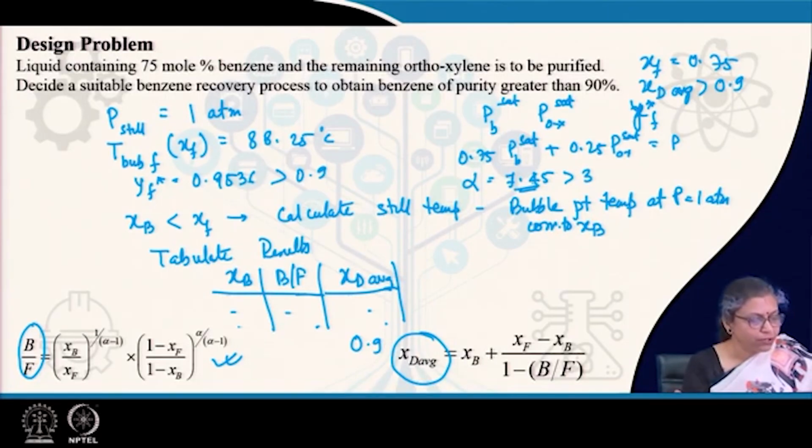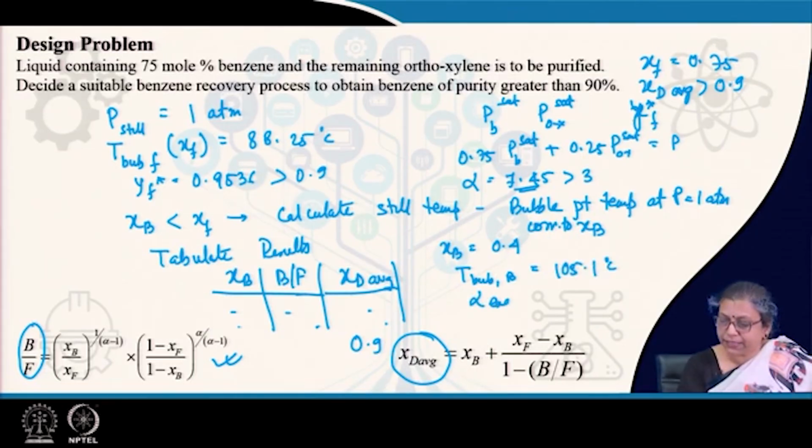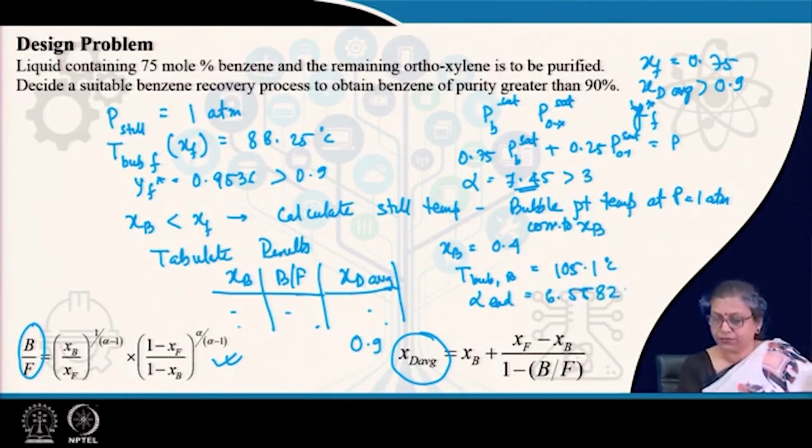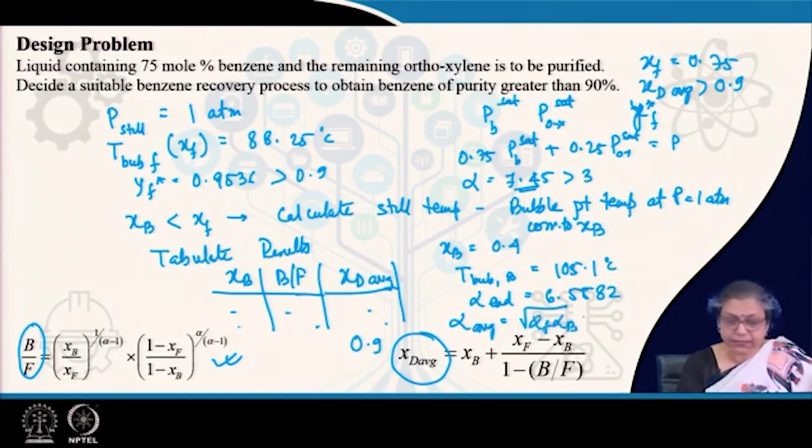At the end, what I found was that for xb equals 0.4, the T bubble point for the bottoms was 105.1 degrees centigrade, and therefore the alpha at the end, if you calculate, is equal to 6.582. As a result we used the alpha average in this case, and we had done the entire calculations with an alpha of 6.9929, and the graphs have been generated from that alpha.